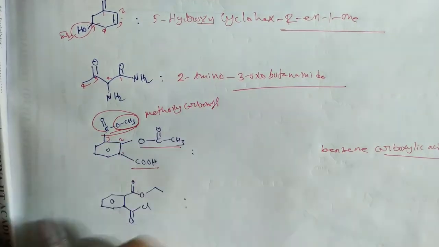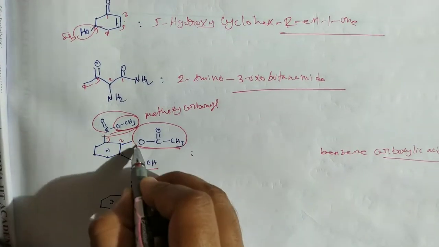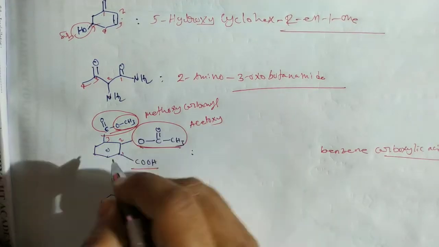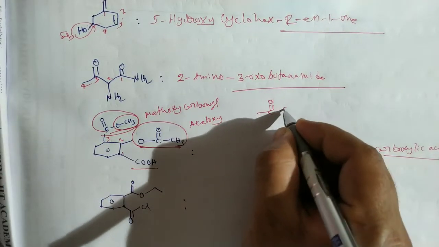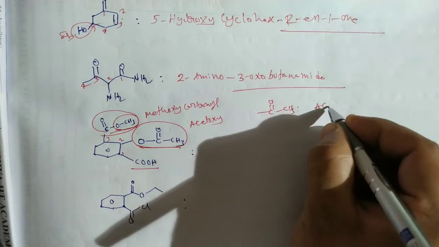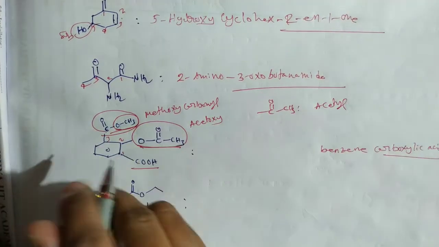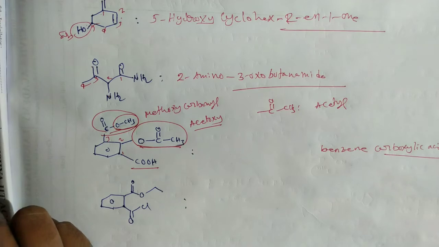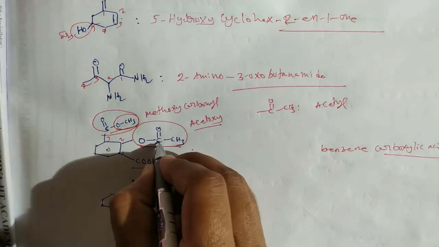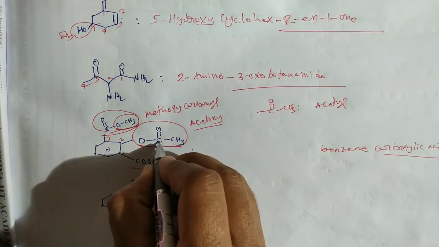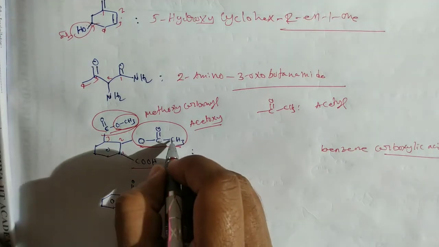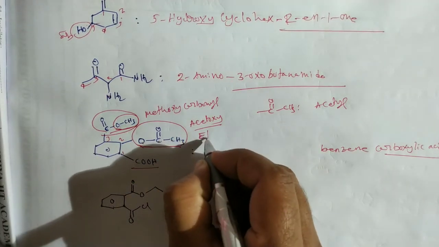And this is named as acetoxy, because a COCH3 group is named as acetyl, and it is attached through the oxygen, so acetoxy, also known as ethanoyl oxy.